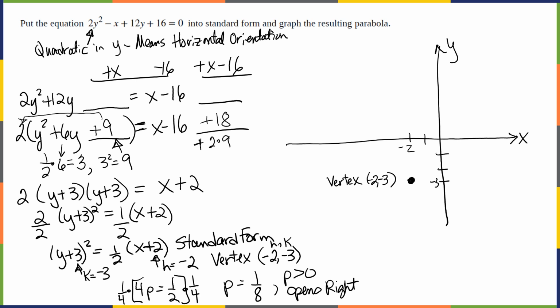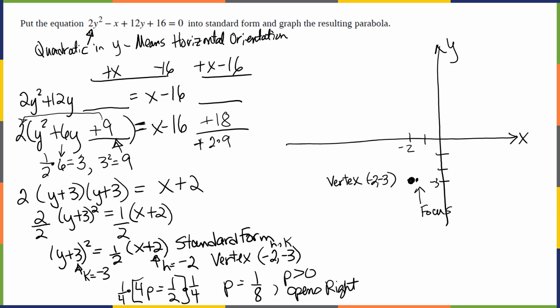Keep in mind, since the parabola opens to the right, the focus is always inside the parabola. So when we go the distance of 1/8 to the right, which is a really tiny distance, that will produce our focus.